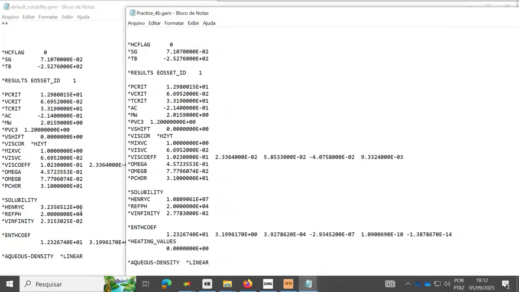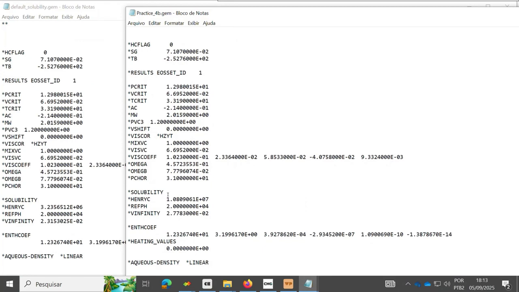The pressure is the same, of course, because I'm using the same reference pressure just to have the same base for comparison. But the Henry's constant obtained is completely different. Take a look. The higher the Henry's constant, the lower the solubility.